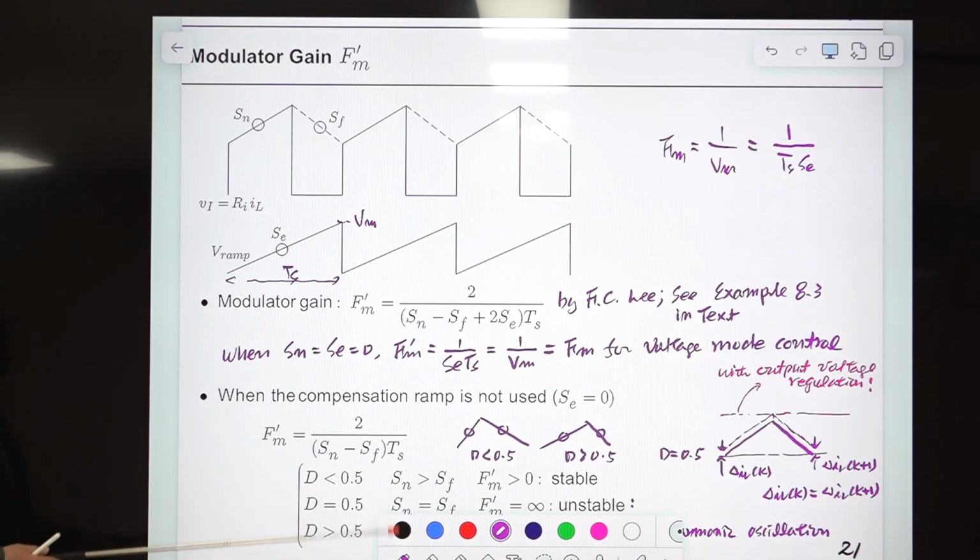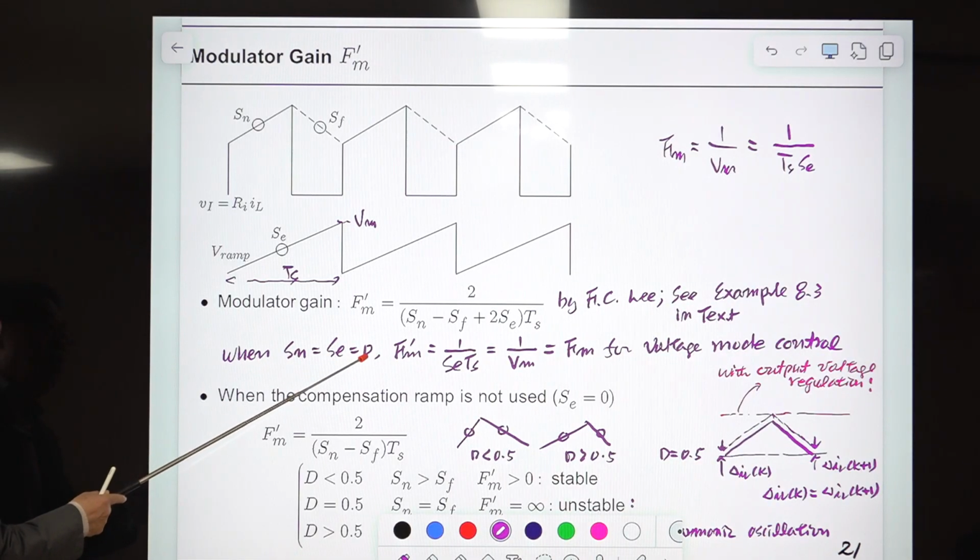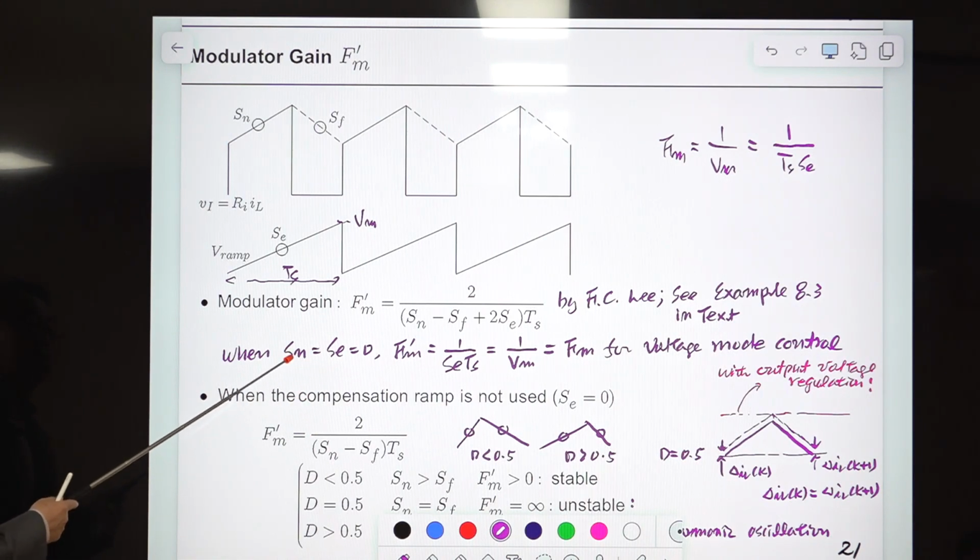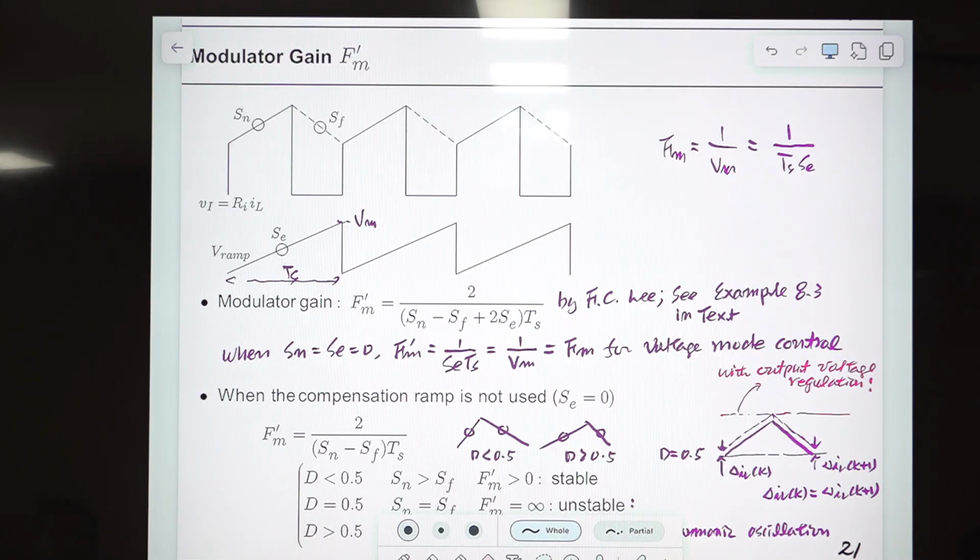One interesting thing is when SN, SF, I'm sorry, this should be SF, are 0. That means there is no current feedback.